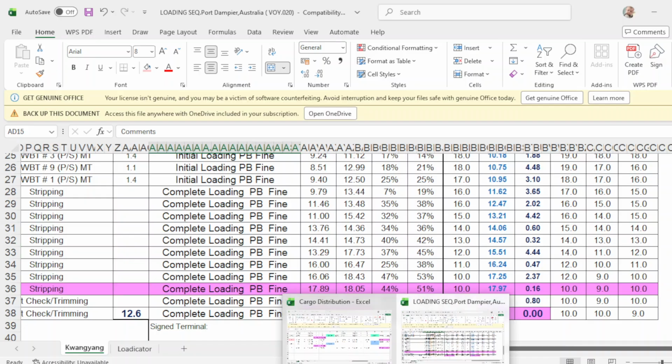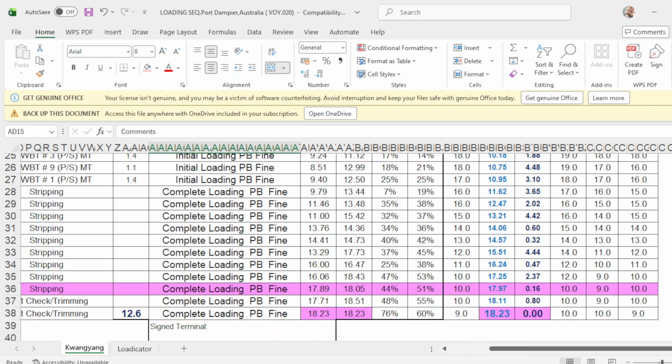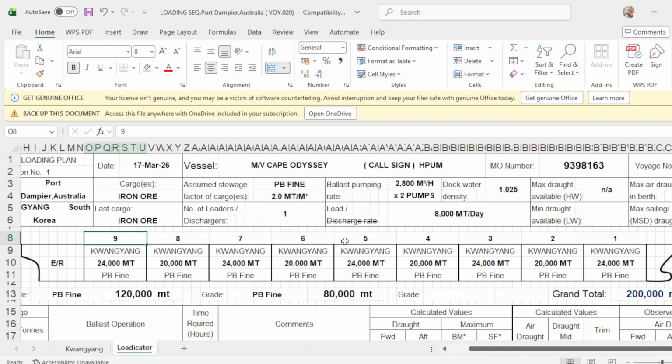To get a zero deflection, just take the amount of weight from hold number 5, distribute it to number 1, or to number 9. Or take it from number 5, distribute it to number 7, or number 3. Or number 4, you distribute to number 2, and number 6, you distribute to number 8.